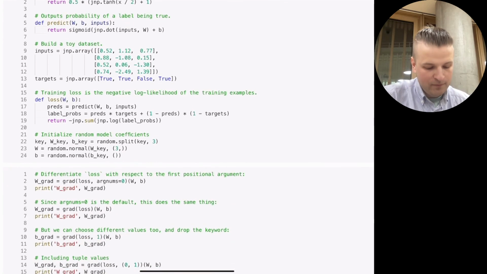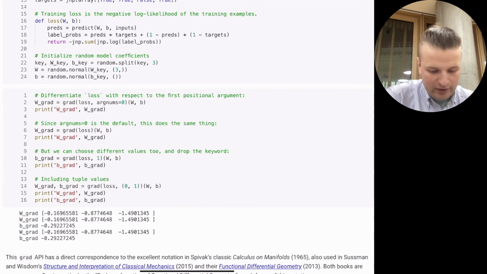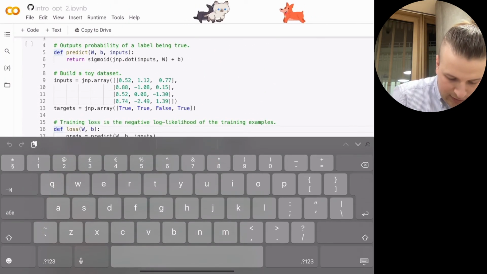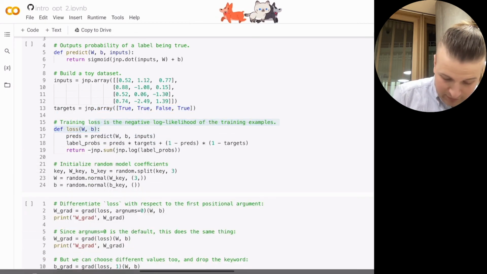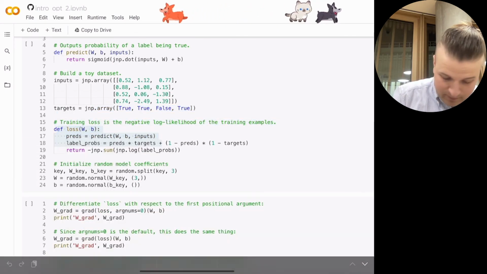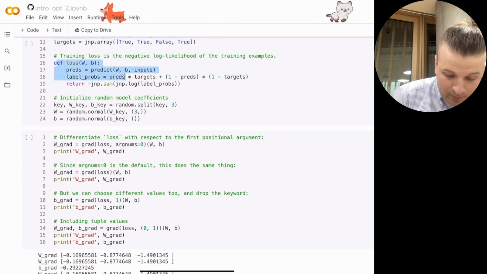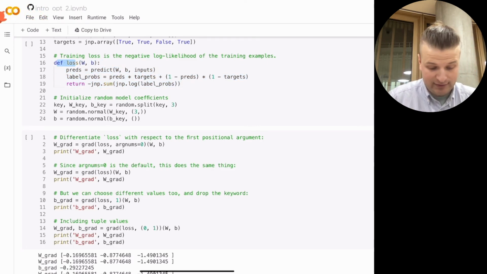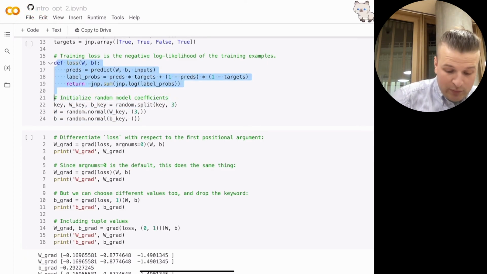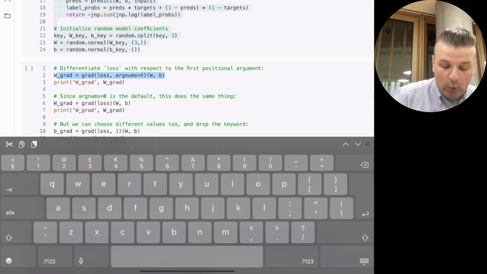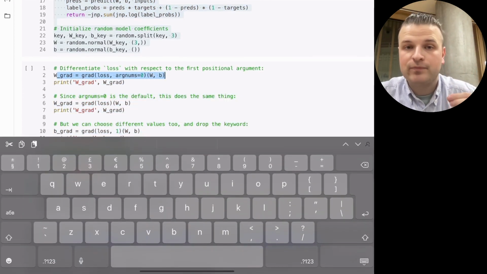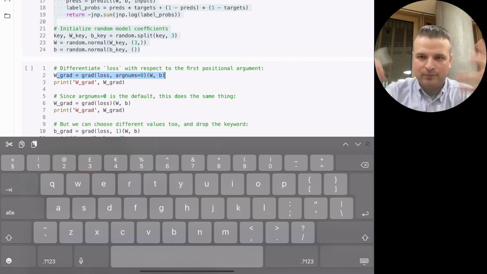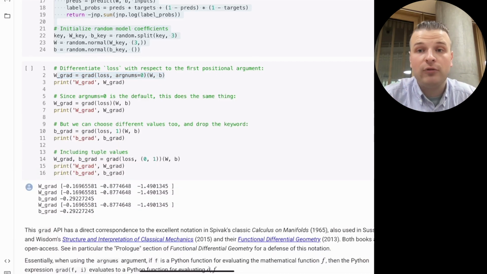That's important to know. For example, we have this loss function which was defined here. Again, we have defined a loss function which depends on W and B, a function of two variables, of matrix W and vector B. And when we call grad here, we can explicitly specify the variable with respect to which we are taking a derivative, but by default, that's the first variable.